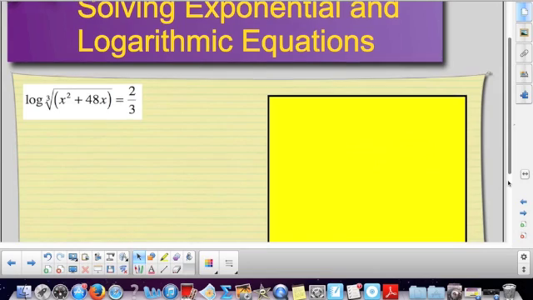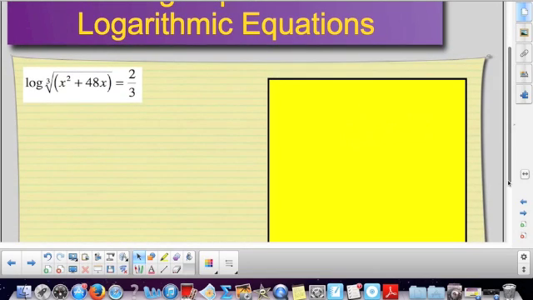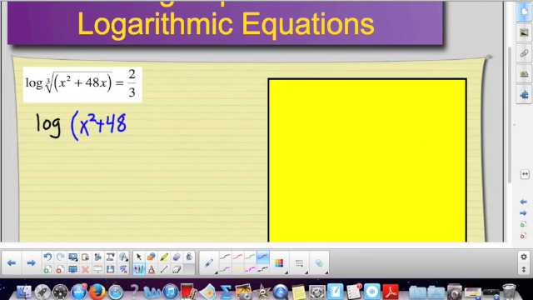So I'm going to zip through this question. I just put this one up here to make you realize that if you know your laws, this is not difficult. If you know all your laws, so the first thing I'm going to do: when I have a radical equation, so I have this equation, log of the cubed root of x squared plus 48x.